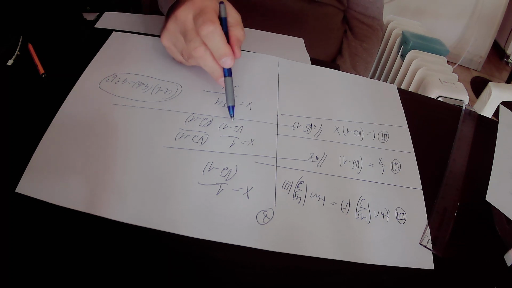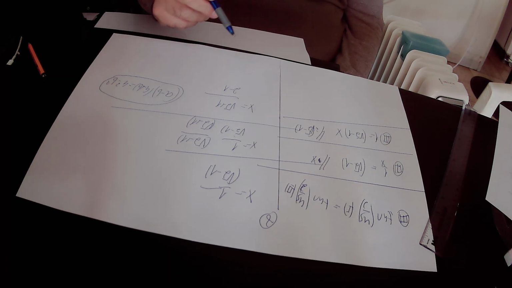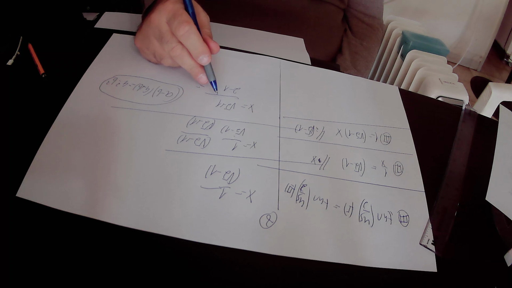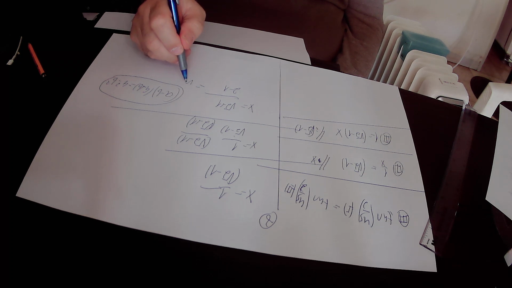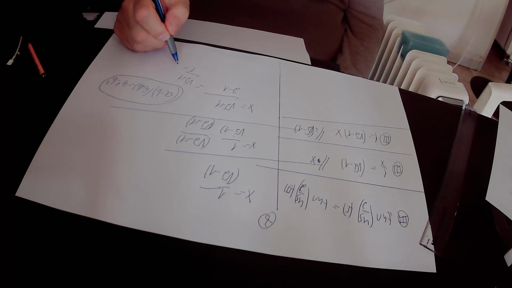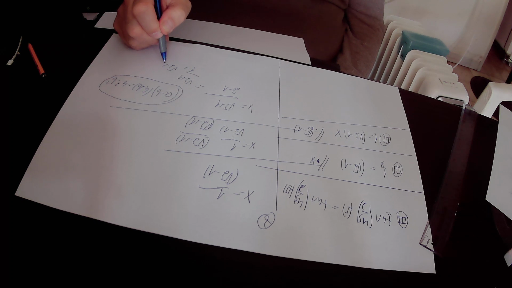So in total, this expression equals 2 minus 1, that is 1. So x equals square root of 2 plus 1 over 1, and that is square root of 2 plus 1.